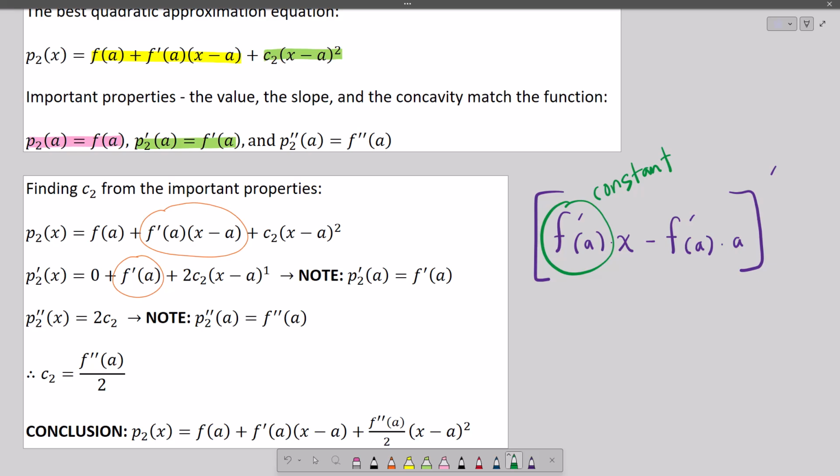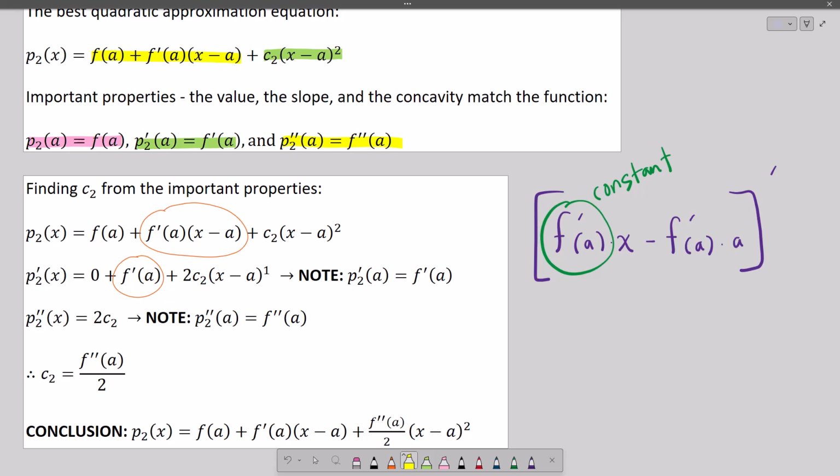And we have that f prime of a would equal p sub 2 prime of a. If we plug in a for both those x's, this term goes away, and we will have the p sub 2 prime matches f prime. So now we have the value matches, we have the derivative matches, and now the third piece we want, the third condition that we really are enforcing, that's our new condition.